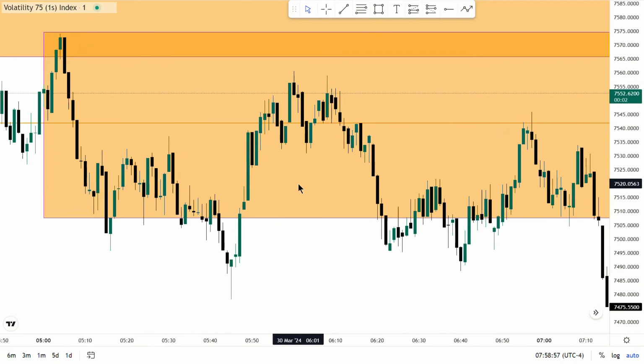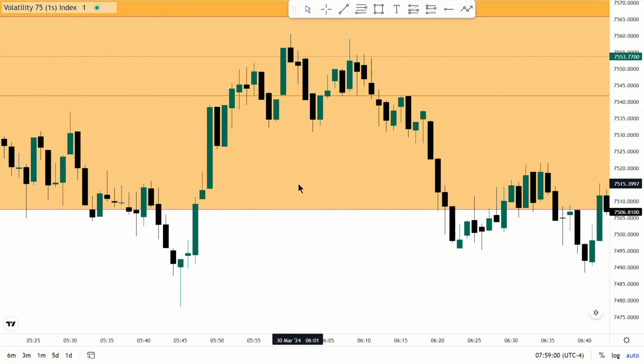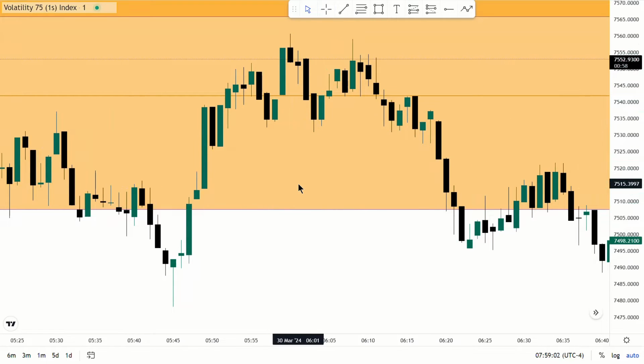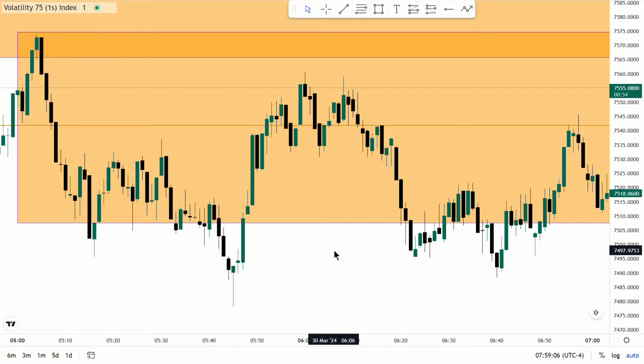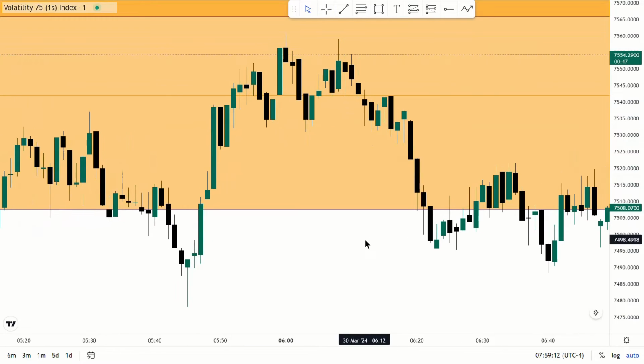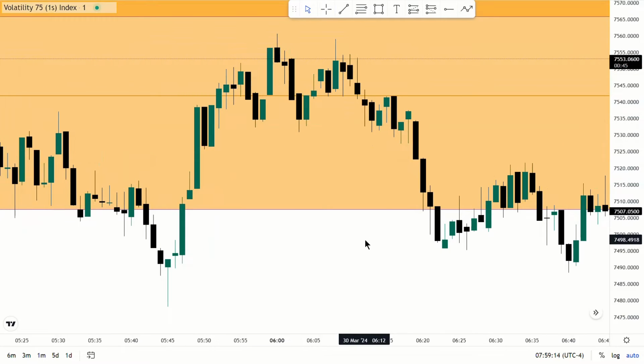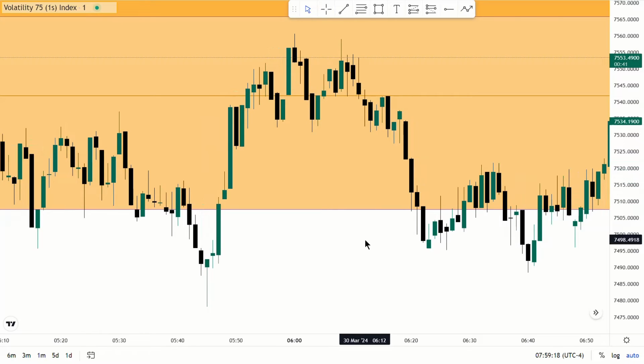Now when it comes to entry, this is very aggressive. Of course it's a single candle order block, which, if you're not careful, and considering that this is a counter trend, is actually risky.